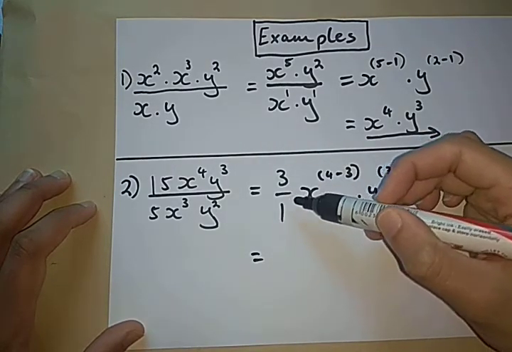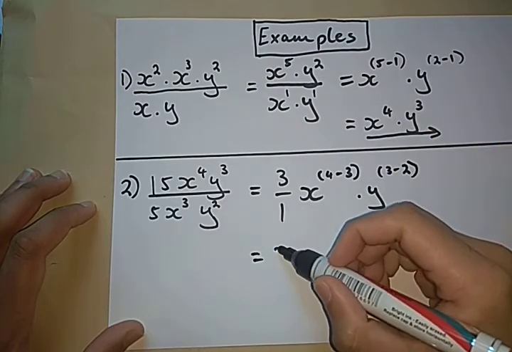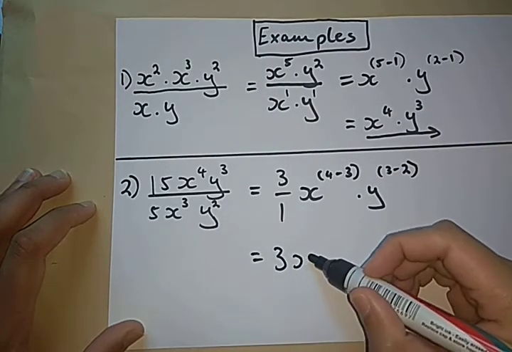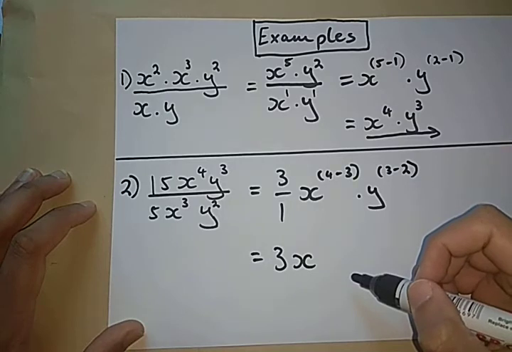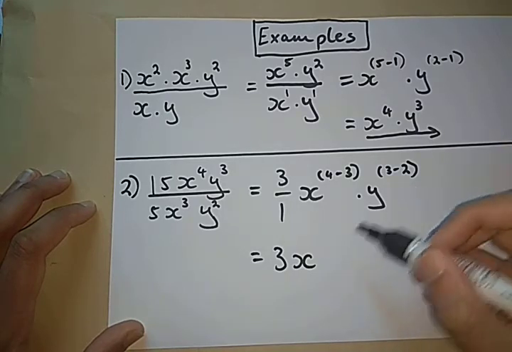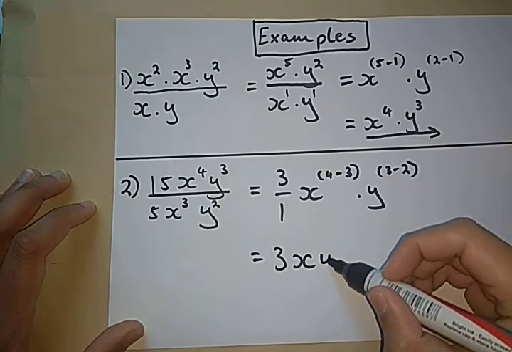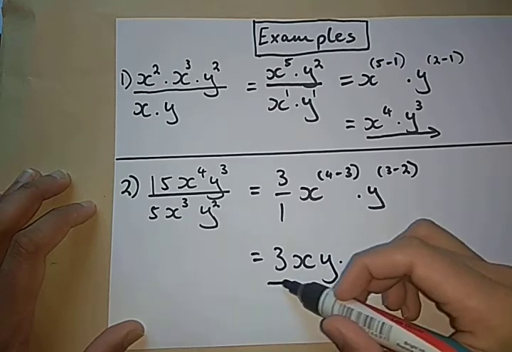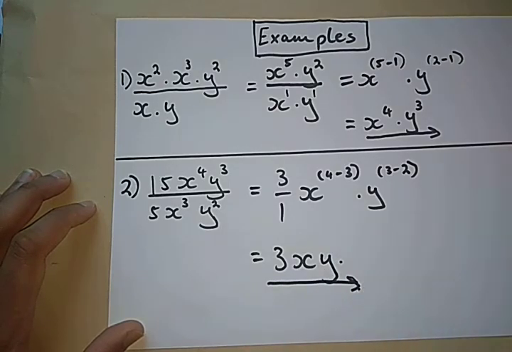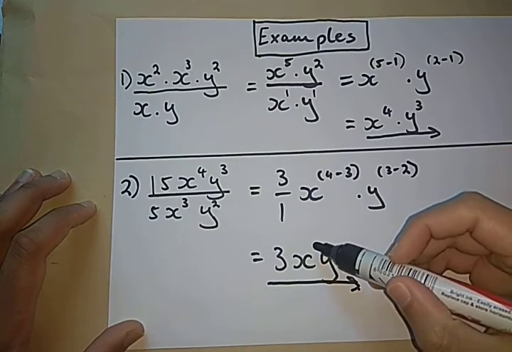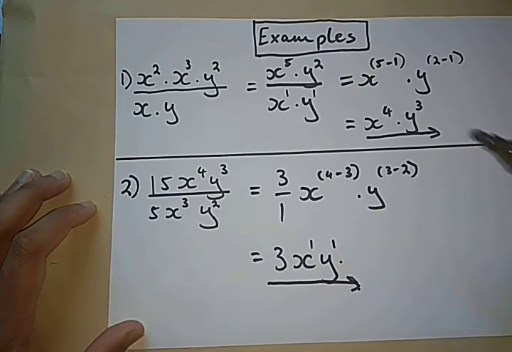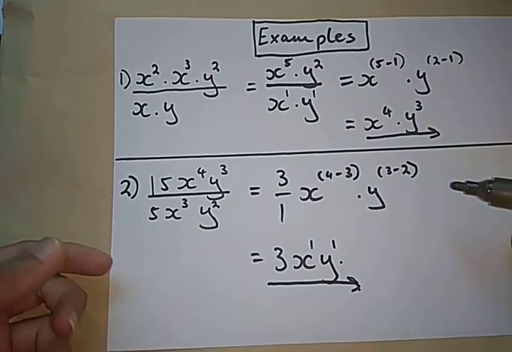Well, 3 over 1 is simply 3, multiplied by x to the power of 1, multiplied by y to the power of 1. You can put the 1 there. It doesn't make a difference.